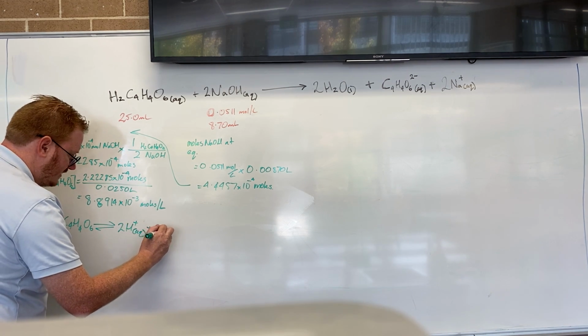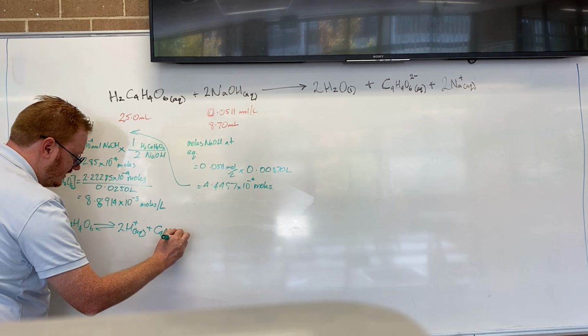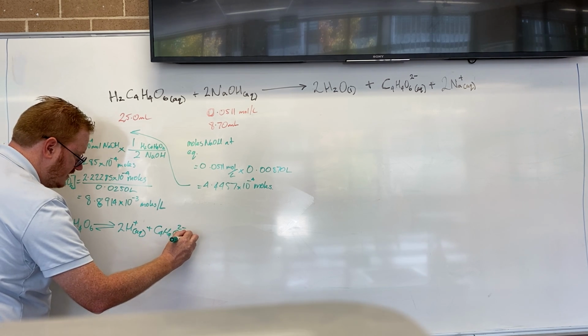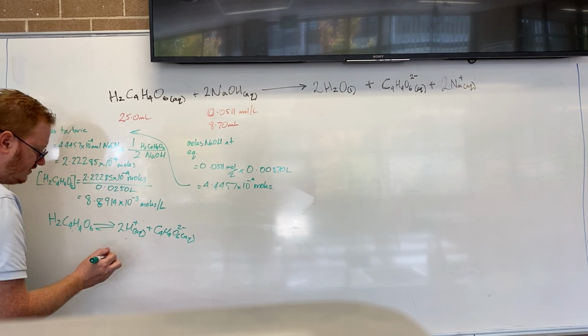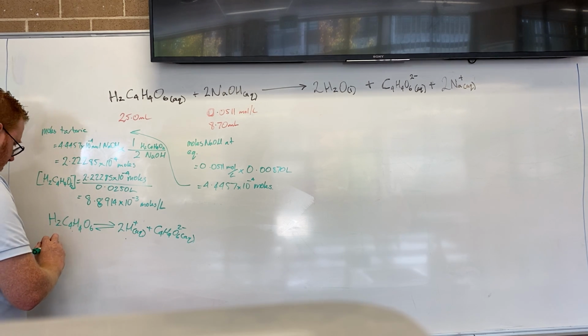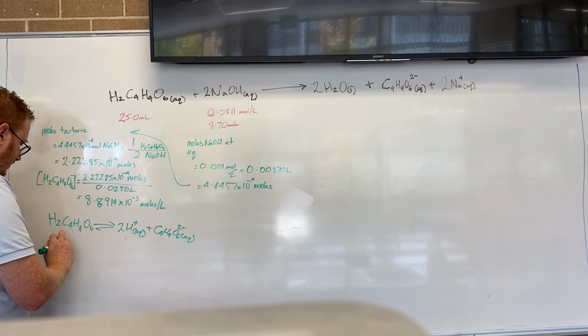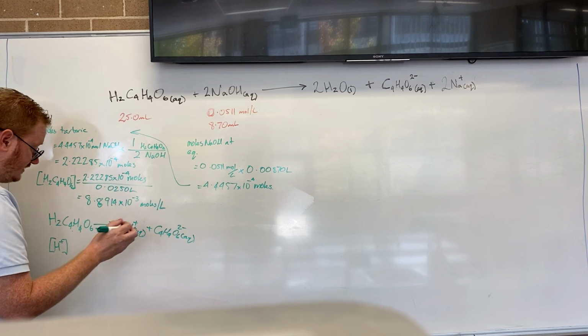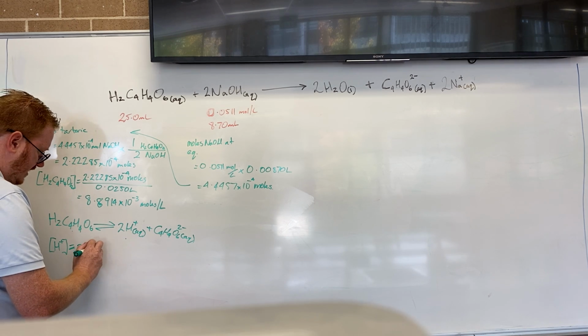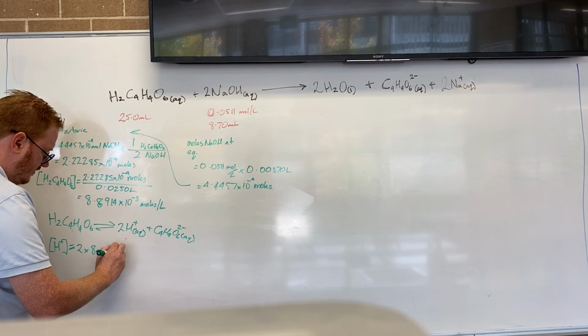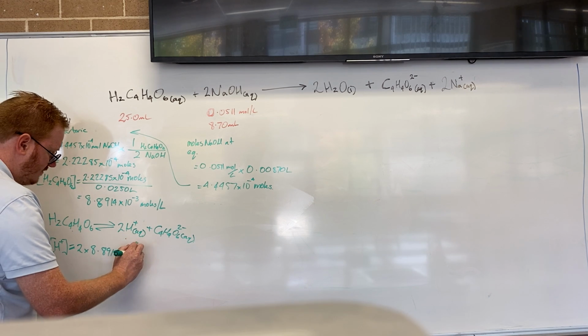Plus the conjugate base, C4H4O6 2 minus. So we know for every mole of this, we're getting 2 moles of that. So our concentration of H pluses, or H3O plus, the hydronium, is 2 times 8.8914 times 10 to the negative 3 moles per litre.